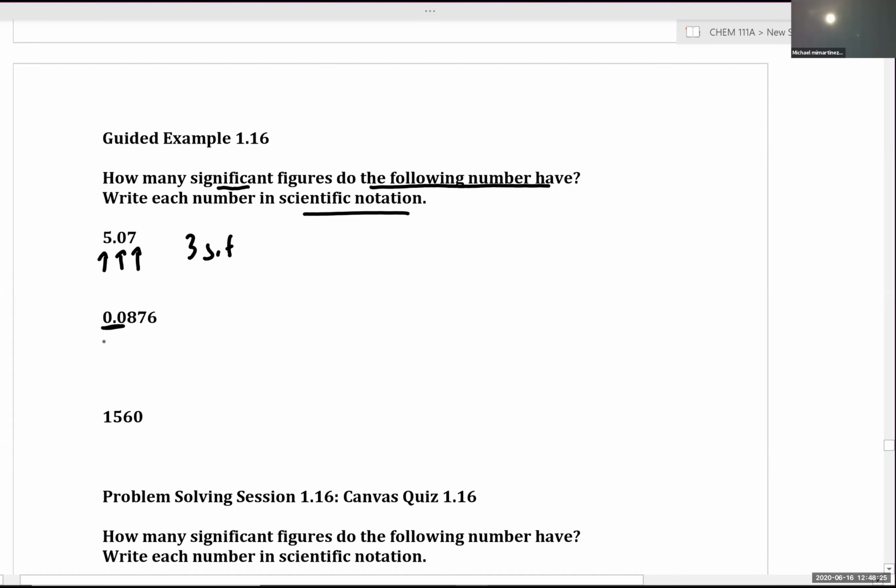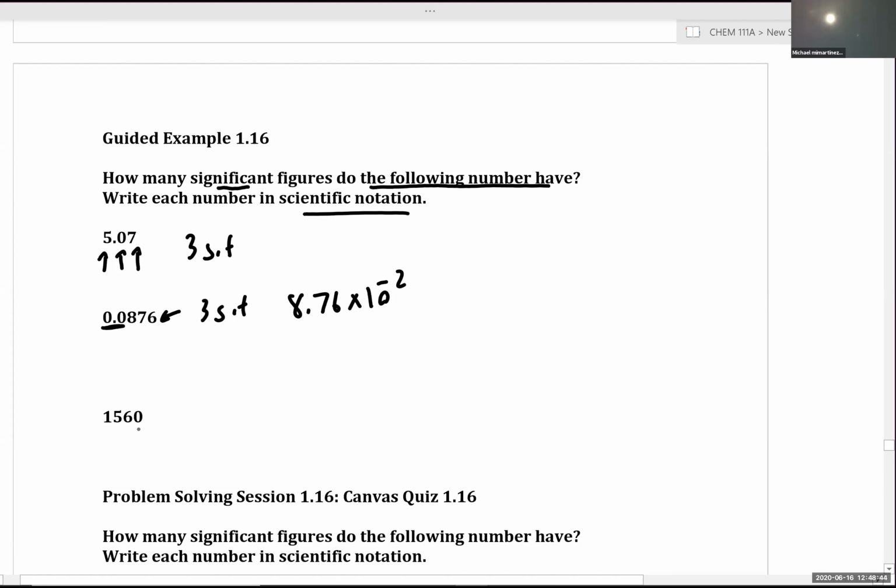No, they're not. They're before the first non-zero number. So we only have 3 sig figs. We'd write this as 8.76 times 10 to the negative second.